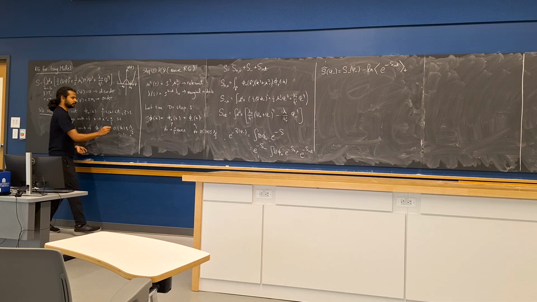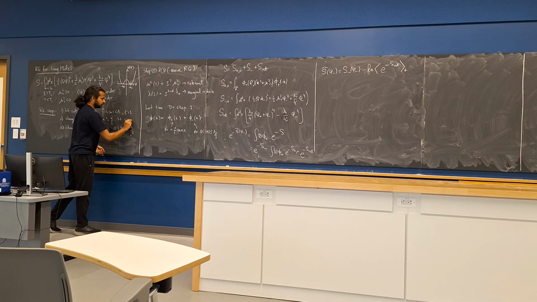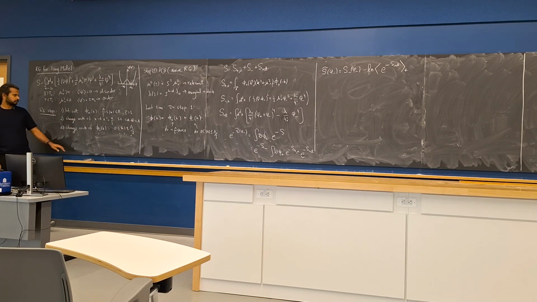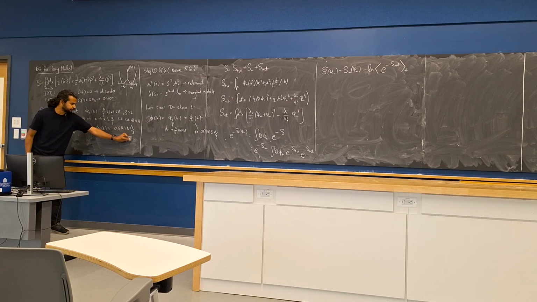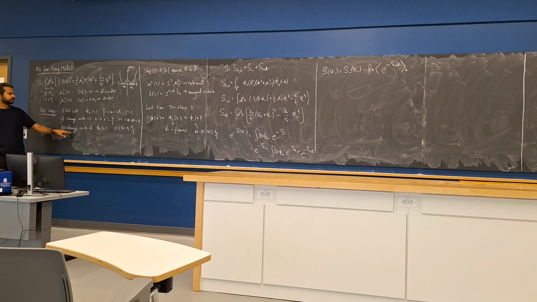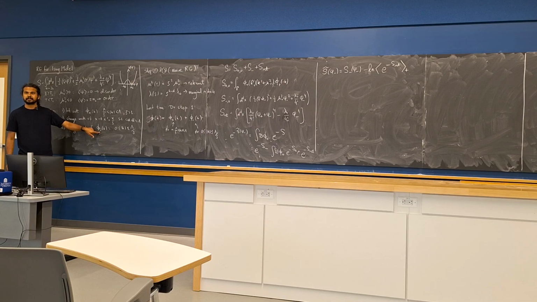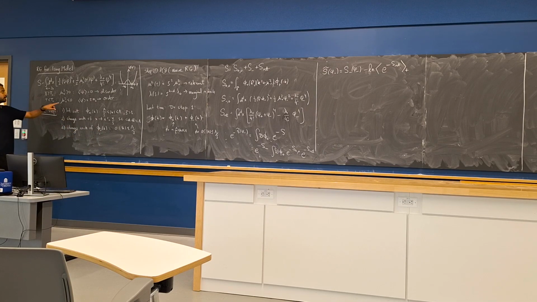We change units such that the cutoff is lambda, and then we also change the normalization of the remaining leftover field so that we can compare it with this half, right? We decided that we'll fix this coefficient for this problem.